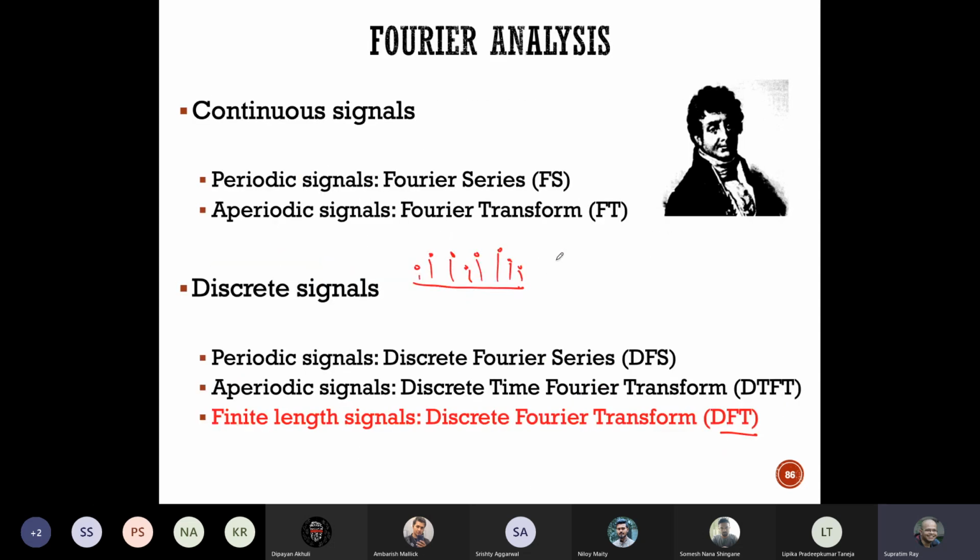And I want to take its transform as a vector. You can take its DTFT only. You can't take the Fourier transform and all that. You can infer those things, but at the end of the day, you would be computing the DTFT only. But the DTFT is continuous in omega with a period of 2 pi.